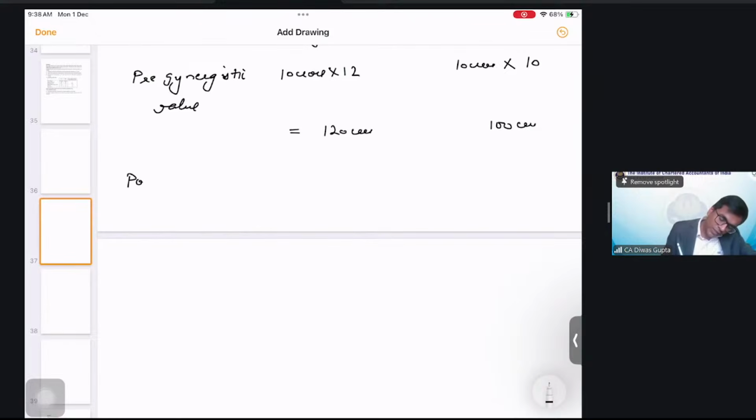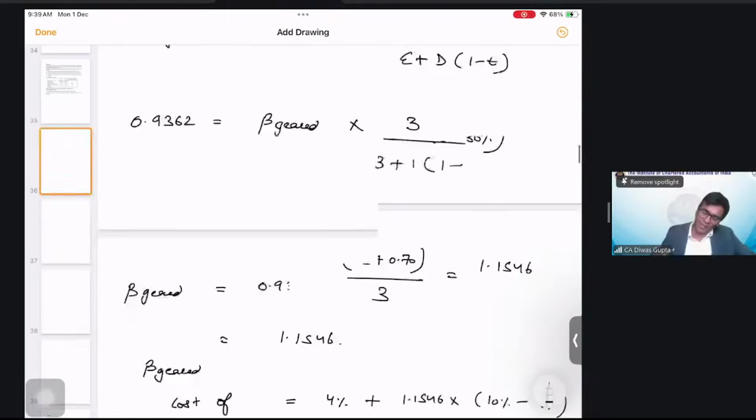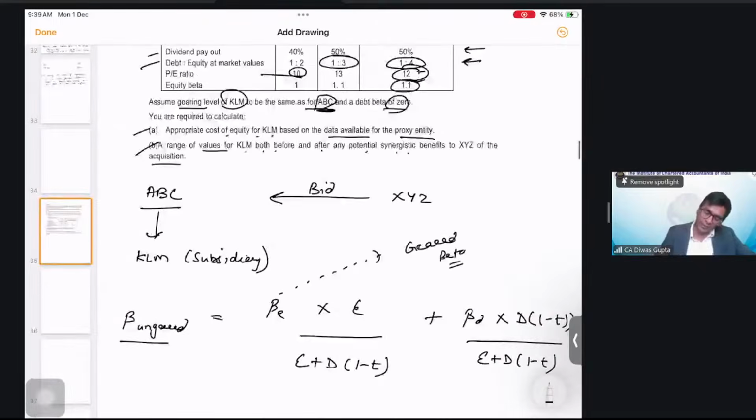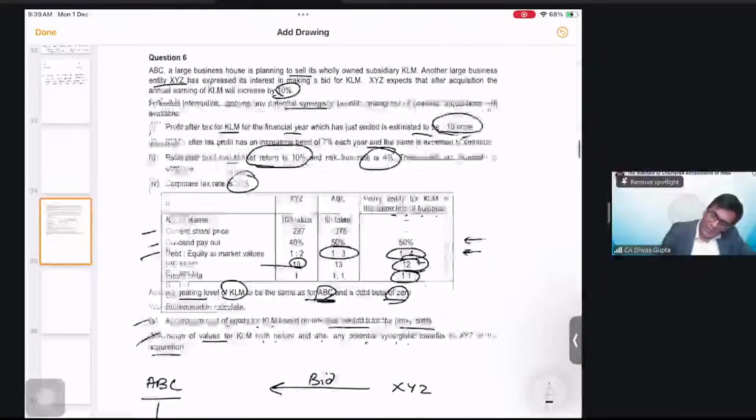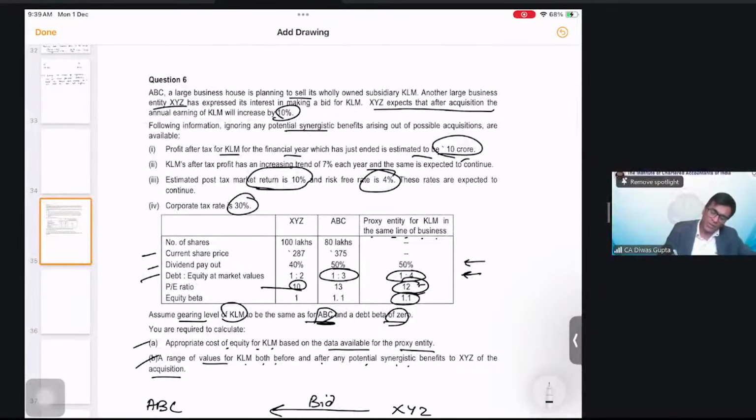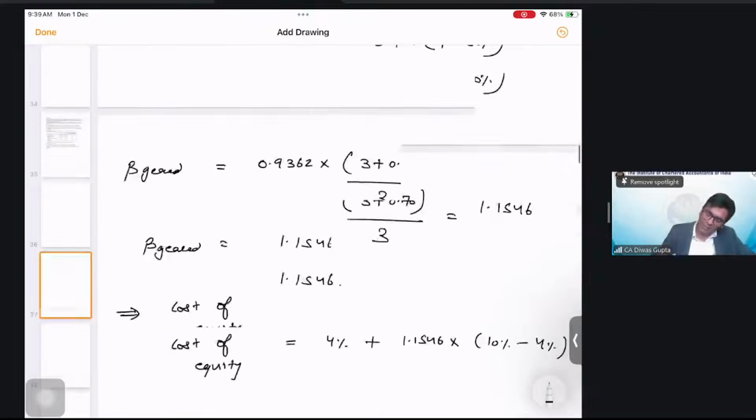And now post synergistic value will be 12 as the PE ratio, 10 crore as the existing profit into 1.10 as the increase in the profits, because it is mentioned in the opening para that XYZ expects that after acquisition, the annual earning will increase by 10%. So we are adjusting the annual earnings by 10% here.